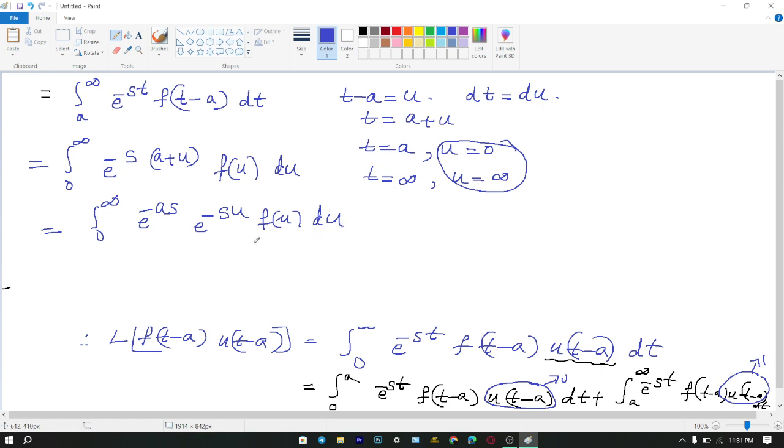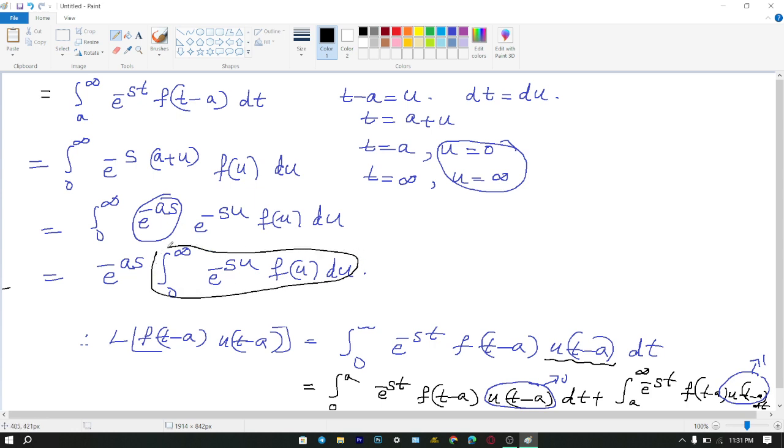Now here e raised to minus as is independent of u, so you can take it outside. So that is e raised to minus as into the integral from 0 to infinity e raised to minus su f of u du. Now here this term represents our L of f of t or L of f of u.